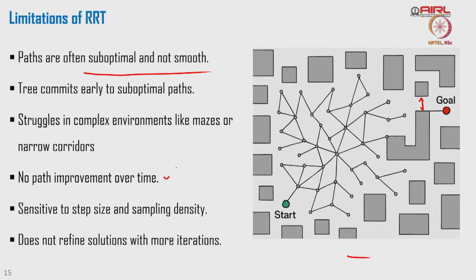No path improvement over time. It is sensitive to step size and sampling density, and does not refine solutions with more iterations. So, if we consider only RRT, then these problems will come, right. But still I would say that RRT is a very popular algorithm for autonomous vehicle navigation, and many papers have been published on the advantages which RRT provides, right.